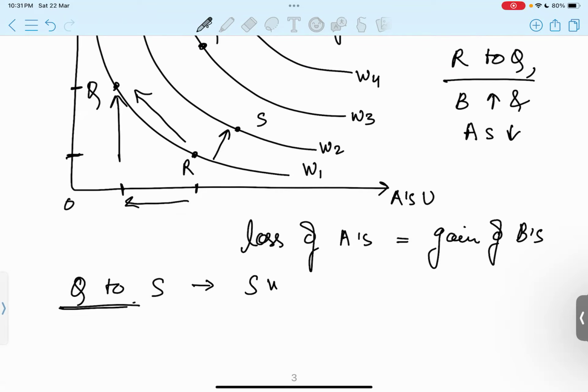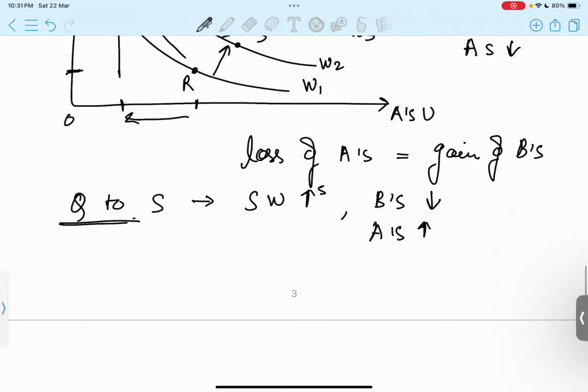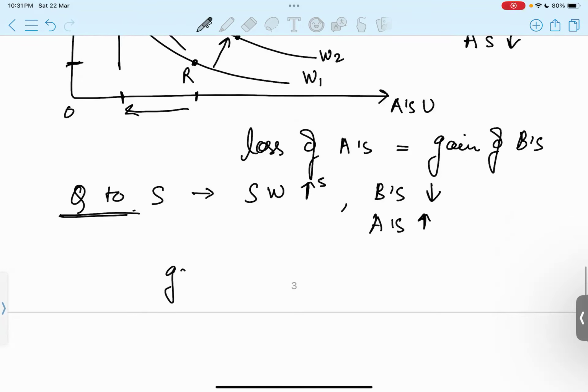In this case B's utility will decline, because point S is slightly lower than the height of point Q. Compared to point Q, A's utility has increased. So in this case the gain in A's utility is greater than the loss in B's utility.